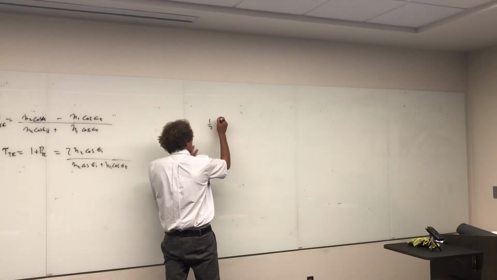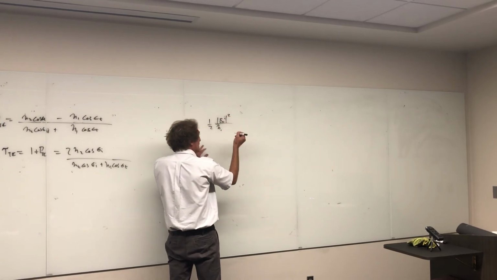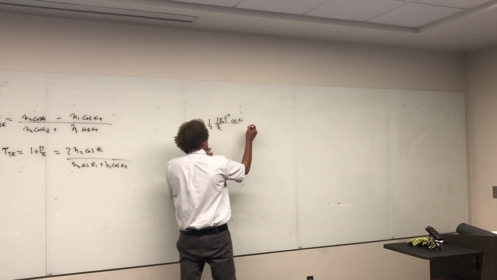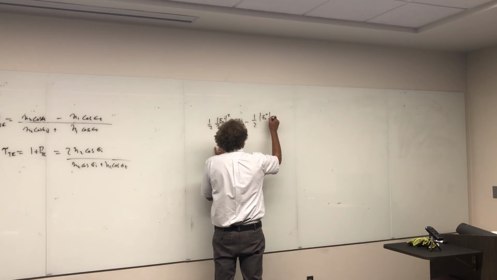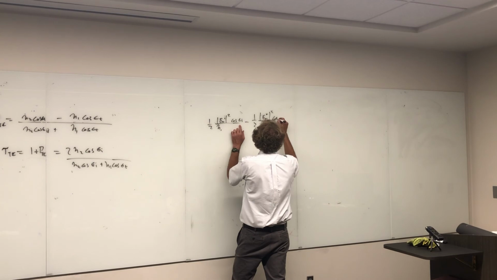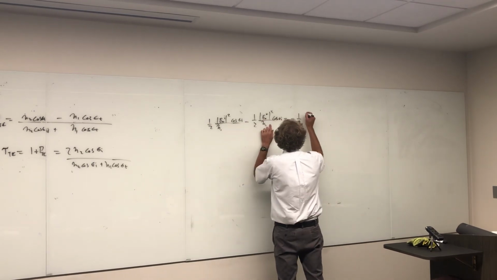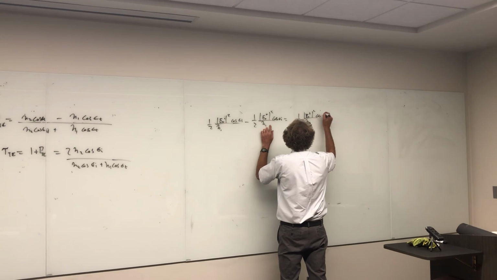You start out by saying 1/2, and then you put the magnitude of E naught incident squared over eta 1. Now I'm assuming lossless. Then it's going to be cosine of theta incident, minus 1/2 magnitude of E naught reflected squared over eta 1, cosine of theta incident, they're the same, is equal to 1/2 magnitude of E naught transmitted squared over eta 2 times cosine of theta transmitted.